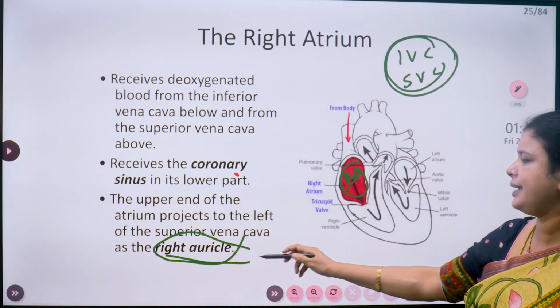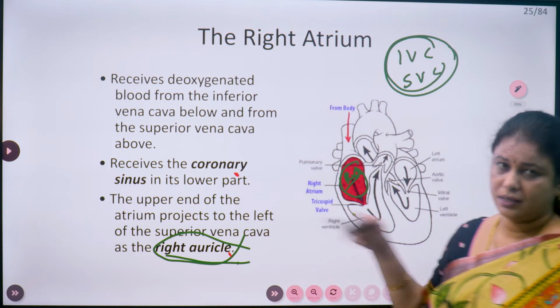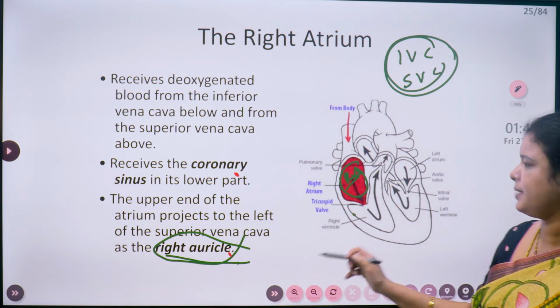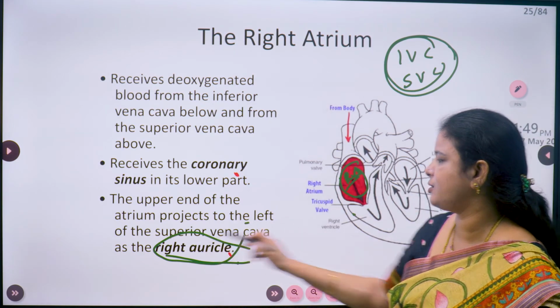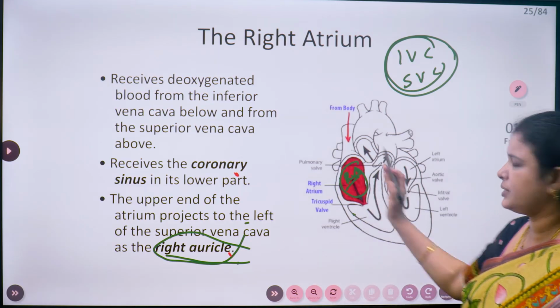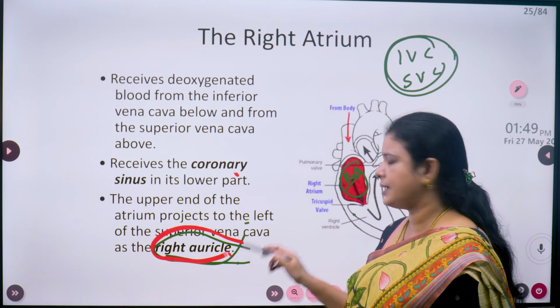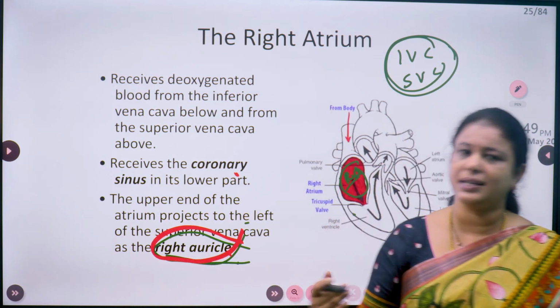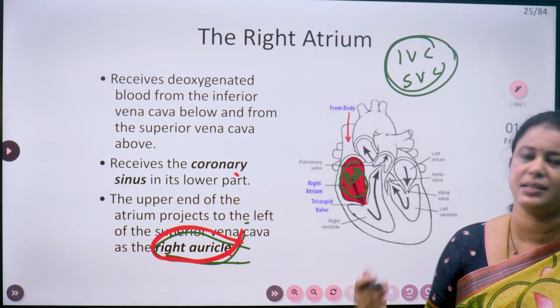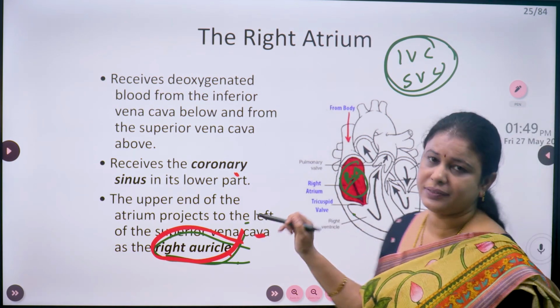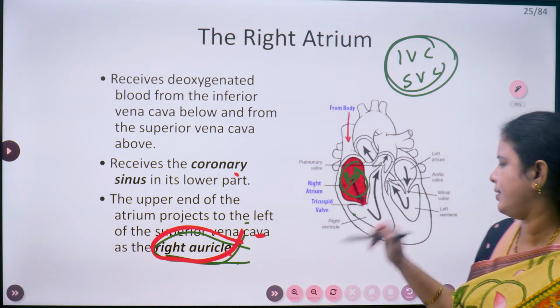So where is the right auricle? It is the projection of the right atrium just to the left of the superior vena cava.